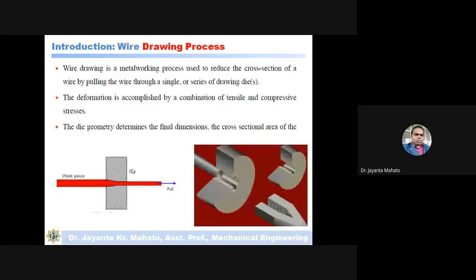So in the wire drawing process, just see this animated view here.